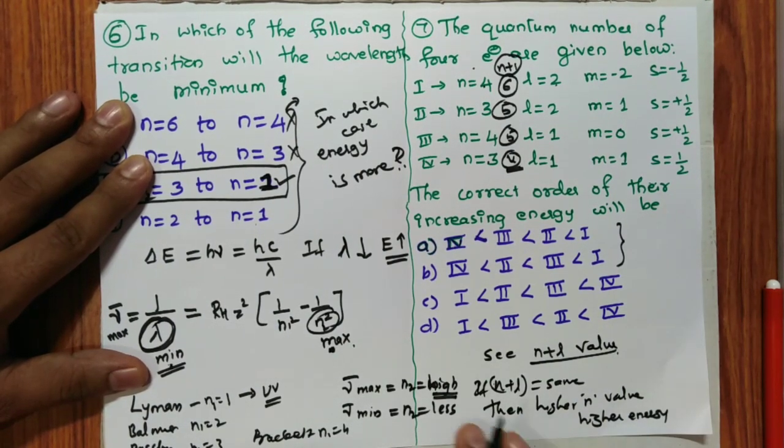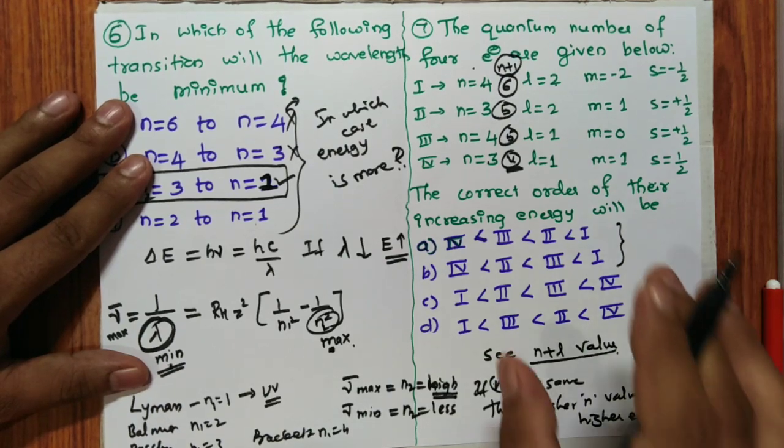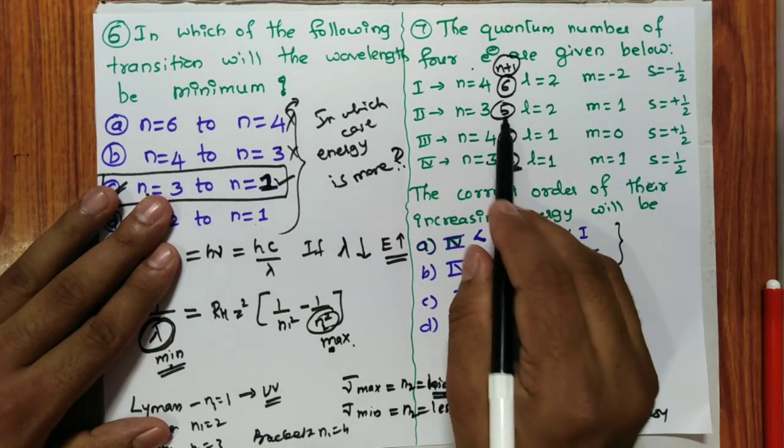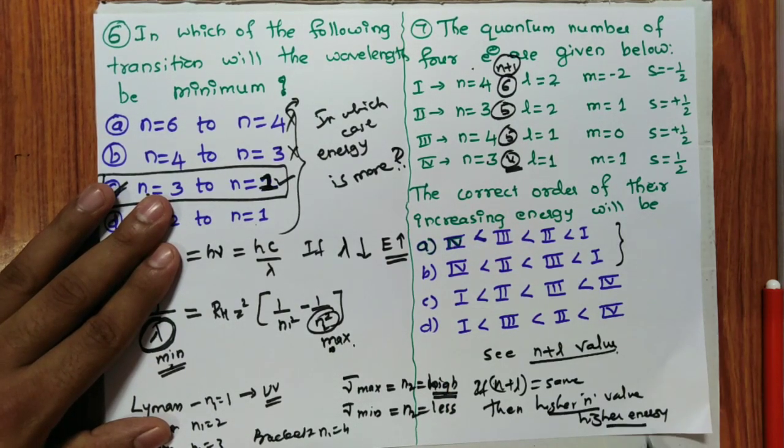Two statements we will discuss in the case of the N plus L rule, correct? So if the N plus L value is the same, the higher the N value, the higher the energy.